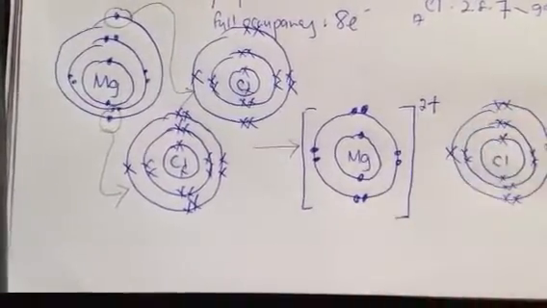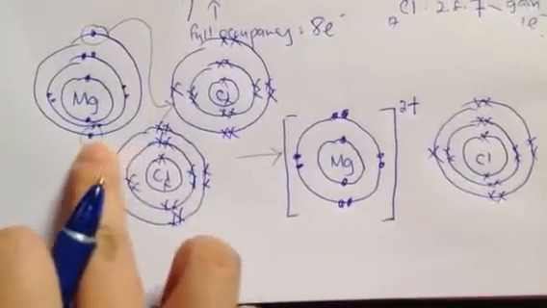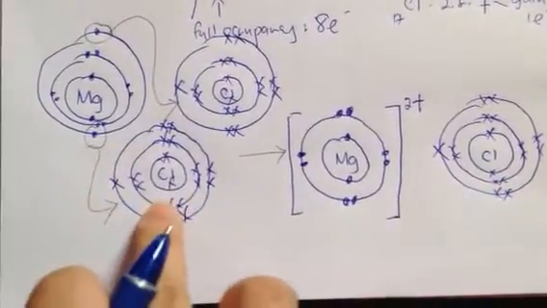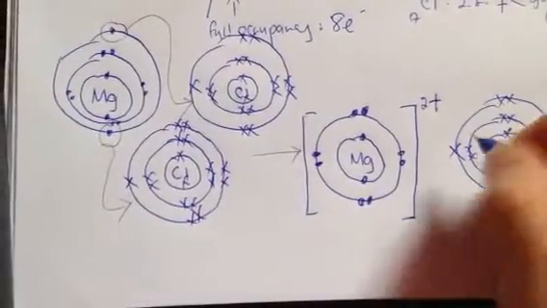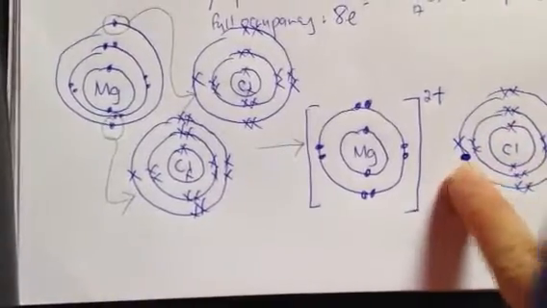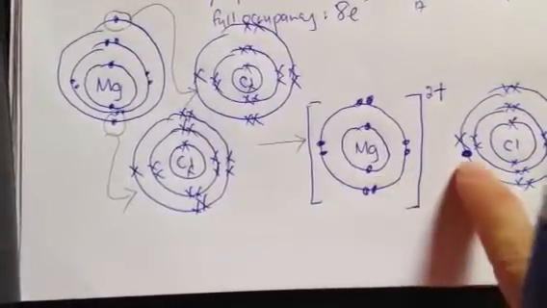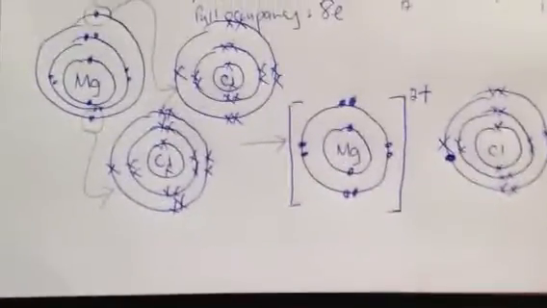Now, this is the part that most of us tend to be careless about. Remember, electrons are transferred from magnesium over to the chlorine atom. So now, this chlorine will have the electrons from magnesium, so we need to show that it is from the metal atom. So you need to draw it differently.